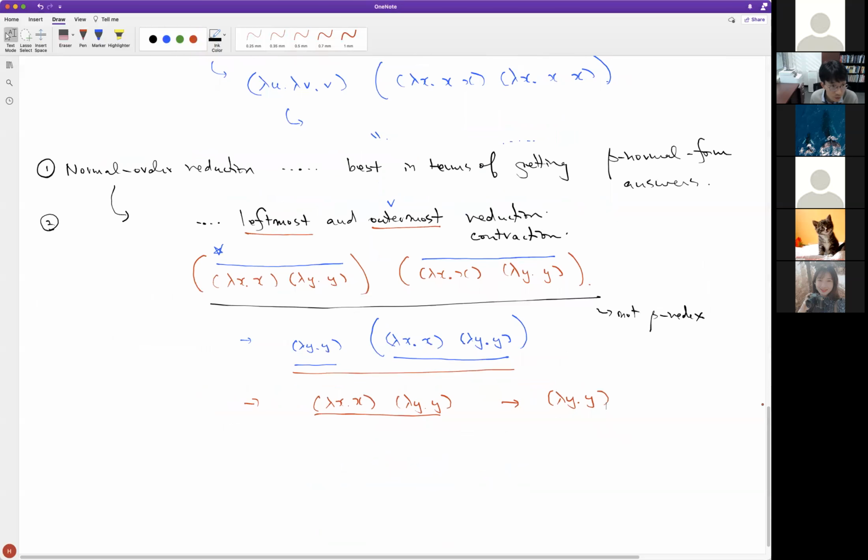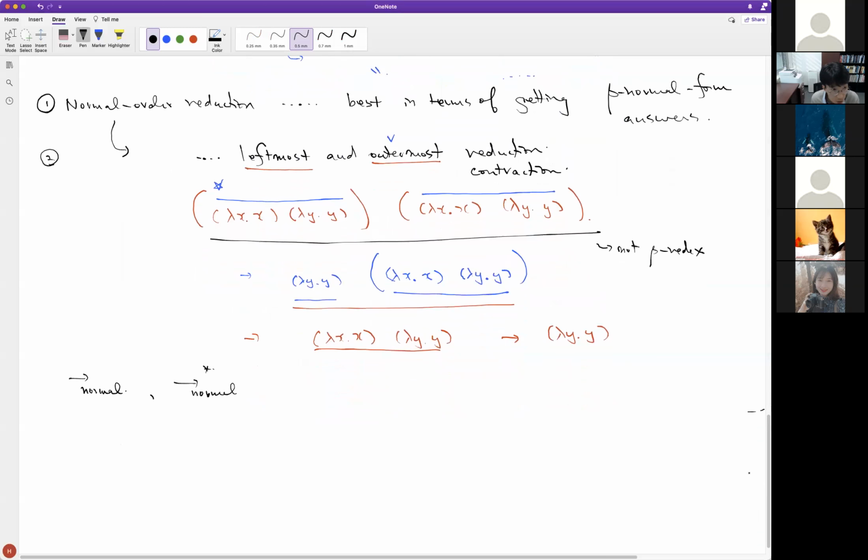Then the theorem is that, if you write this, this is a specific way of using contraction relations. So if you write the contraction relation according to normal order like this, and the corresponding reflexive transitive alpha equivalence closure as like this, then here's the theorem.